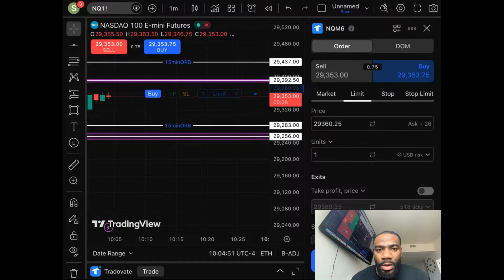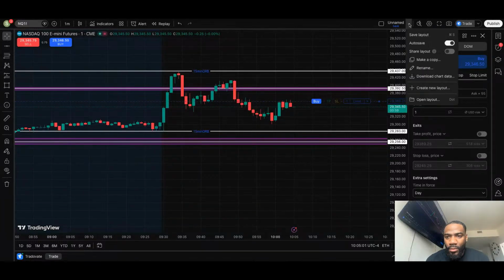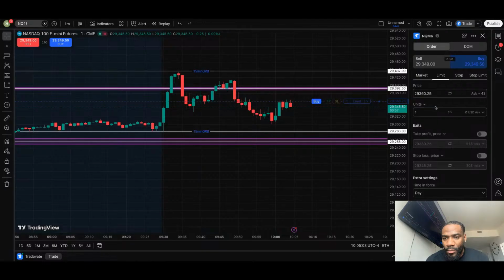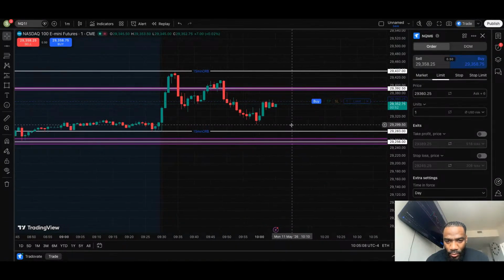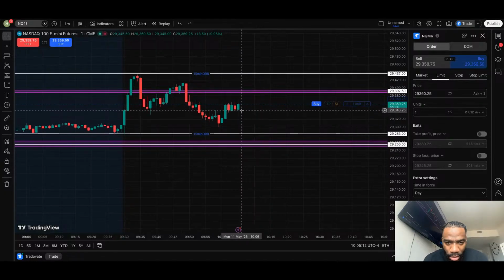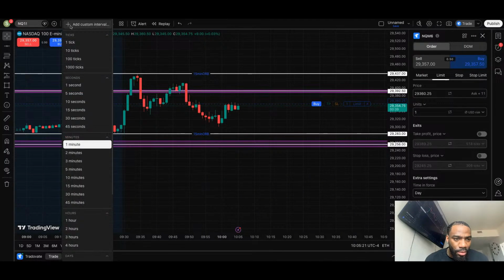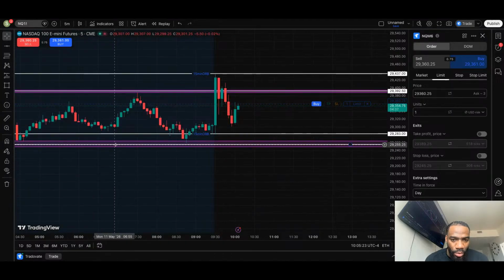Nah, down. I like this. I'm thinking I could get a good entry off of this, even though it's in no man's land. This candle was a good candle.